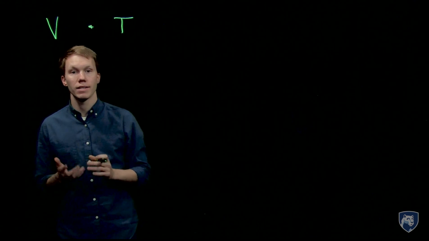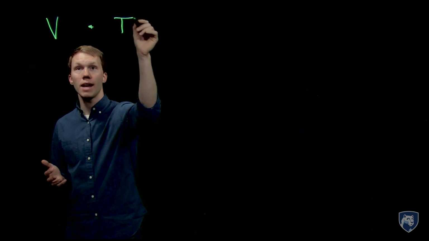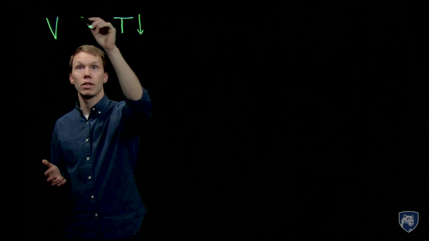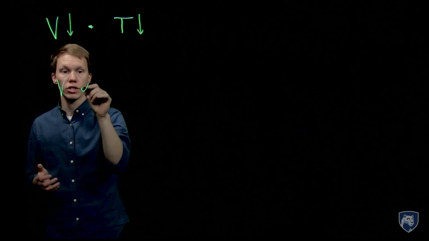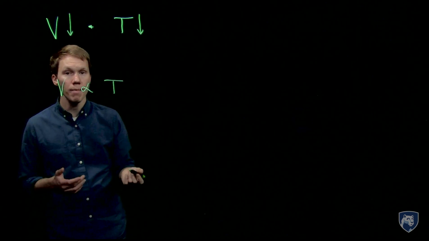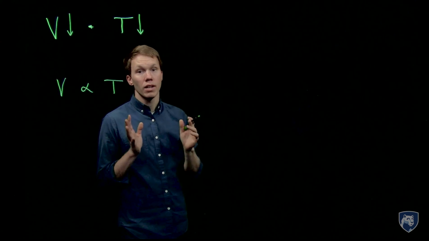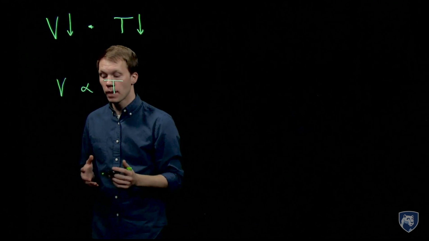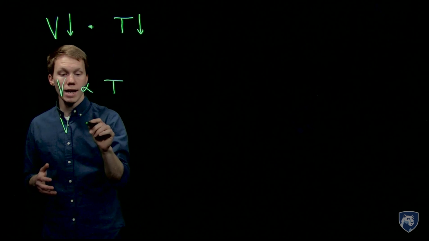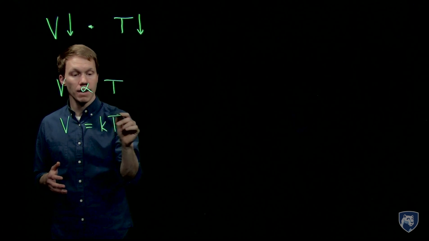And so why does that balloon get smaller? So as the temperature decreases, the volume decreases. So again, this is a direct relationship, that volume is proportional to the temperature as long as pressure and moles are constant. Okay? We can write this as V equals K times T.